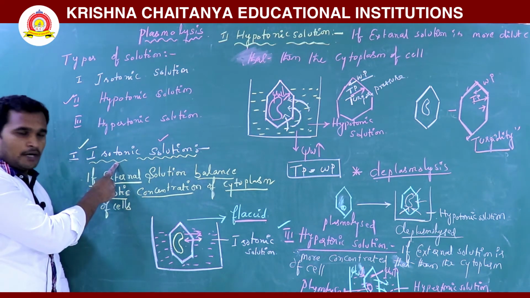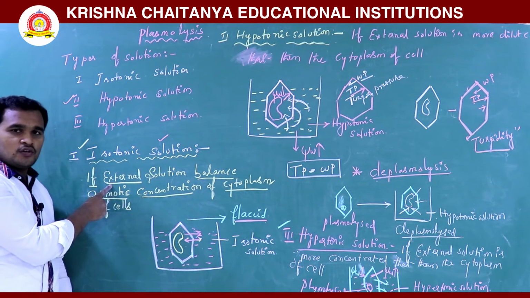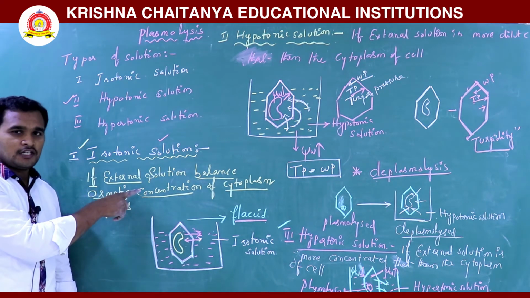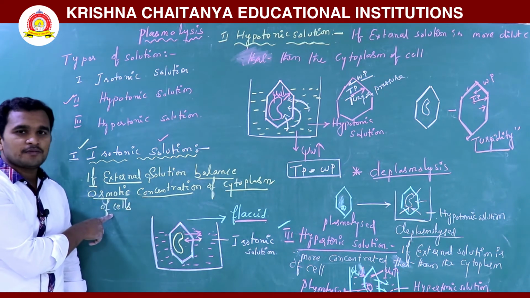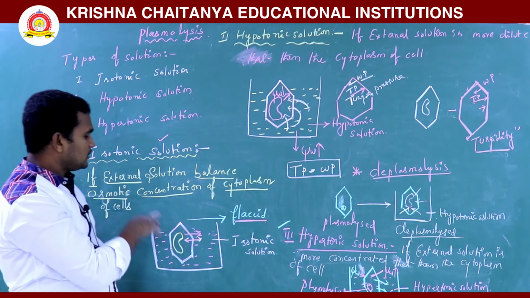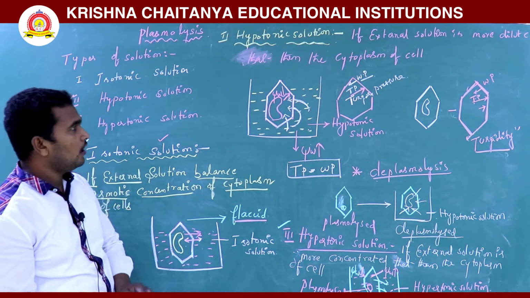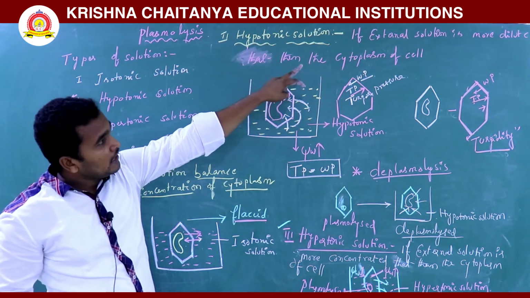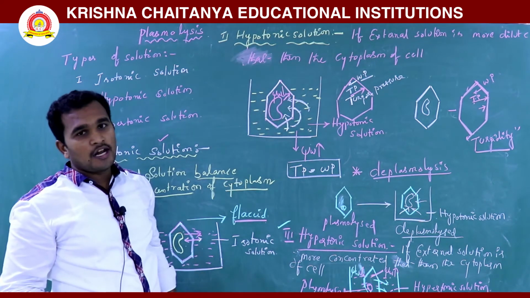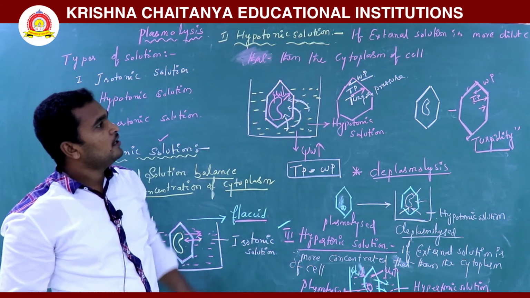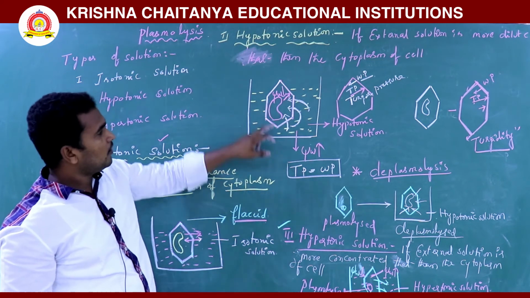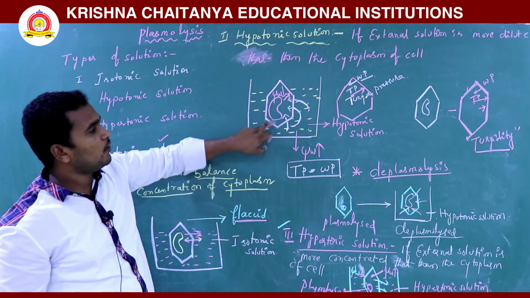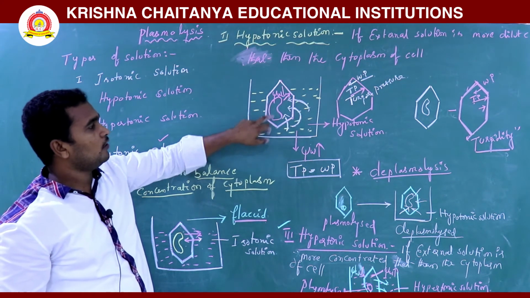An isotonic solution is one where the external solution is balanced with the osmotic concentration of the cytoplasm of the cell, so both concentrations are equal. But in a hypotonic solution, the external solution is more diluted than the cytoplasm of the cell. So here it is more diluted and the cell is more concentrated, that's why water moves from the beaker into the cell.